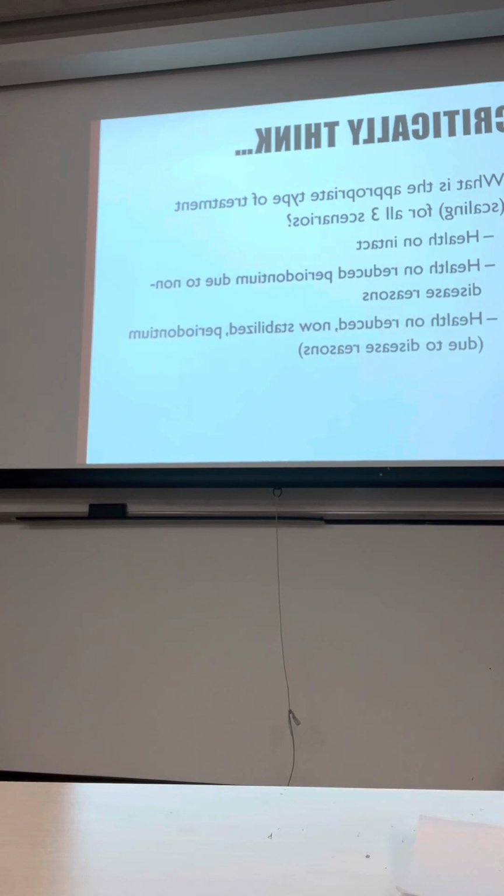Tricky, a prophy, okay? Because of the non-disease. And then lastly, how would you scale someone who is now healthy, but their periodontium is reduced and stabilized, and it's because they had disease in the past? Perio maintenance, okay? Does that make sense to everybody? So it has to do with the disease origin and what state they're in at that moment.